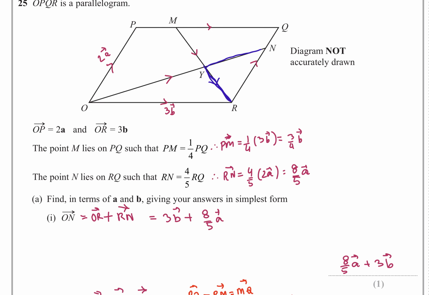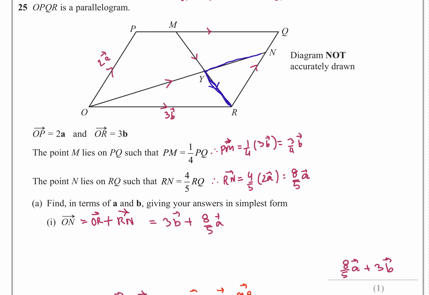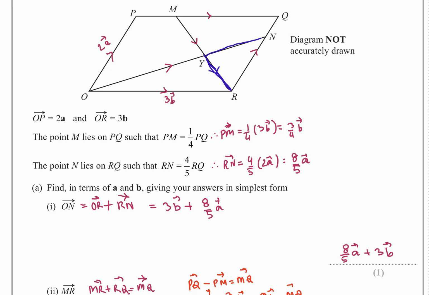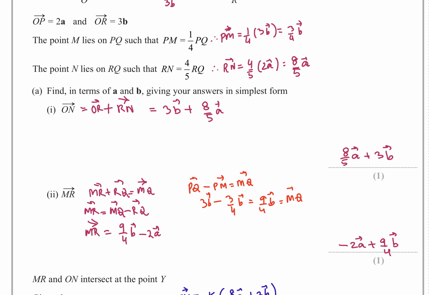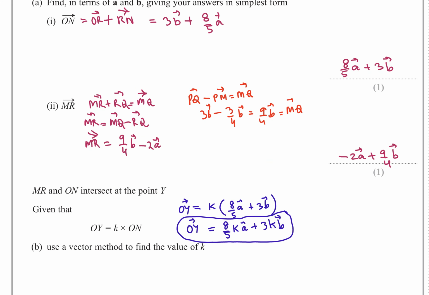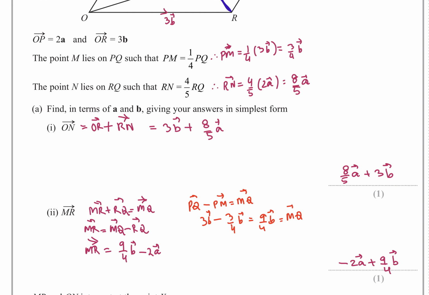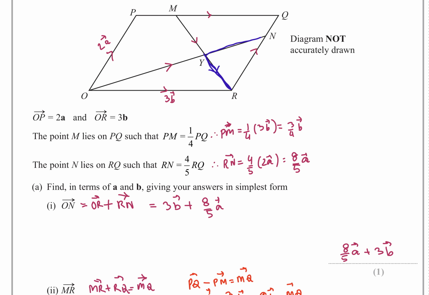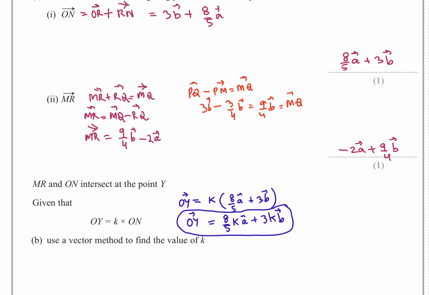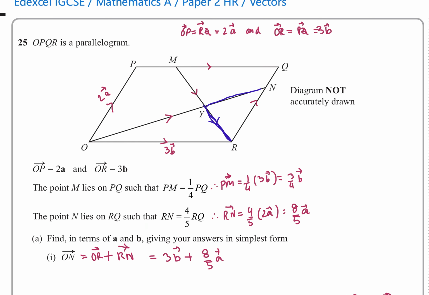Because we would need OY, we need OY plus, which we have got here, but we need to find the value of K. So OY plus YN is ON. We can write that as a start.